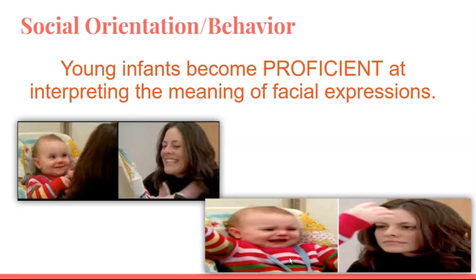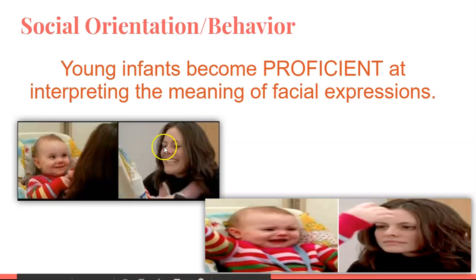And this is when young infants are able to understand and interpret the meaning of facial expressions. And as you can see in these pictures here, they often use their caregivers so that they're able to understand facial expressions. From a very young age, infants are intrigued by their social environment.